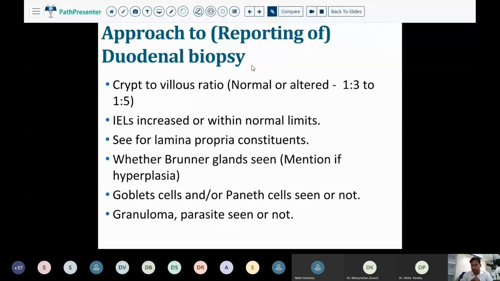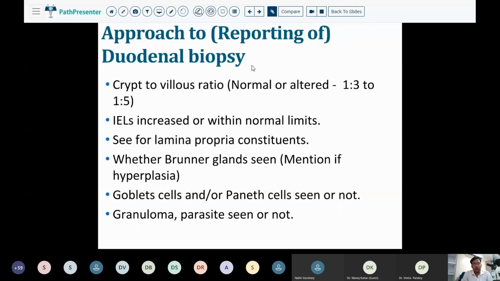Many times when the biopsy overall looks normal, you have to look for pathologies like organisms. With a normal looking duodenum, you can get infections with giardiasis, spirochetes or cryptosporidiosis, because the overall contour and constituents of the biopsy will be normal.